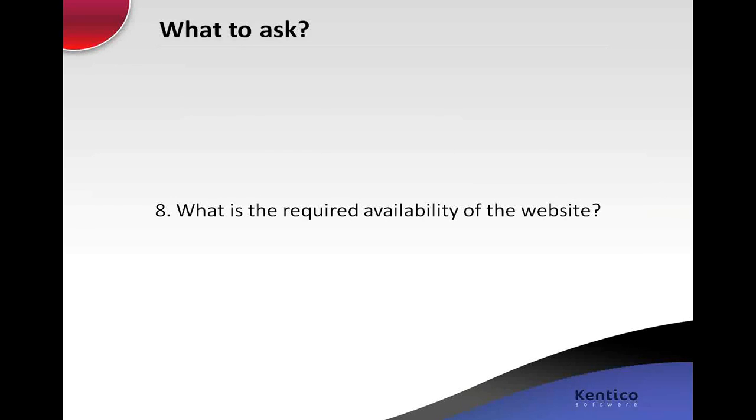If your customer is not familiar with the meaning of the word availability in web terminology, there is a lot of information on the internet, even including a post by our product manager Michael Neuwirth on devnet.kentico.com in the blog section on the right. If you click on Michael Neuwirth's blog, there is a post on availability.